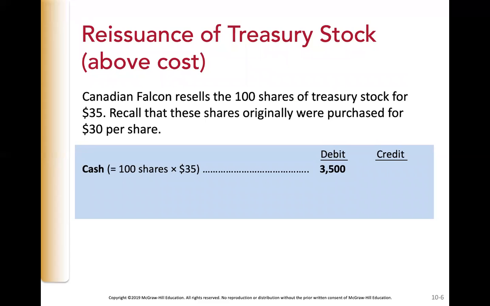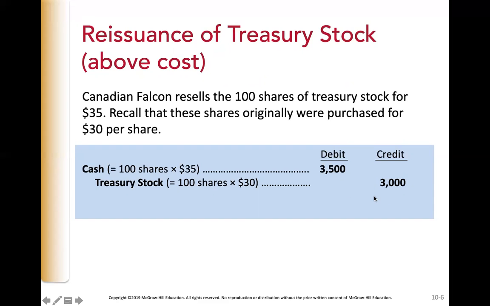We sold 100 shares at $35 a piece. We're receiving $3,500. Next, we need to take the treasury stock off the books at what we paid for them. Treasury stock will then be credited for $3,000, the 100 shares times the $30 that we paid for them.